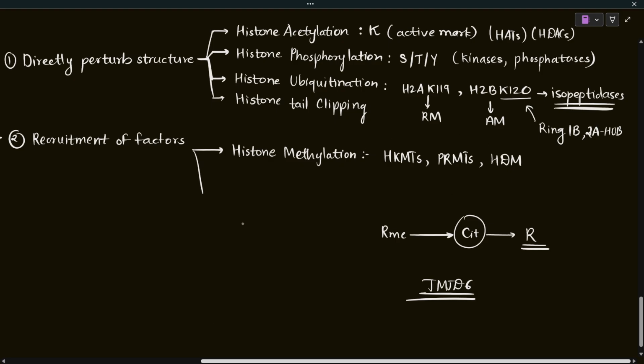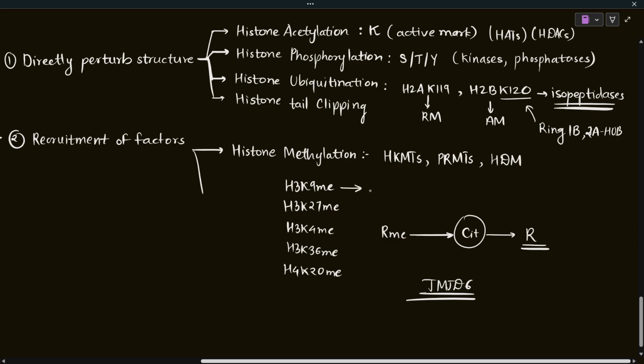Then again, in histone methylation, we learned about the specific methyl marks such as H3K9 methylation, H3K27 methylation, H3K4 methylation, H3K36 methylation, as well as H4K20 methylation. We learned about all of those in detail. So this is how they recruit the factors.